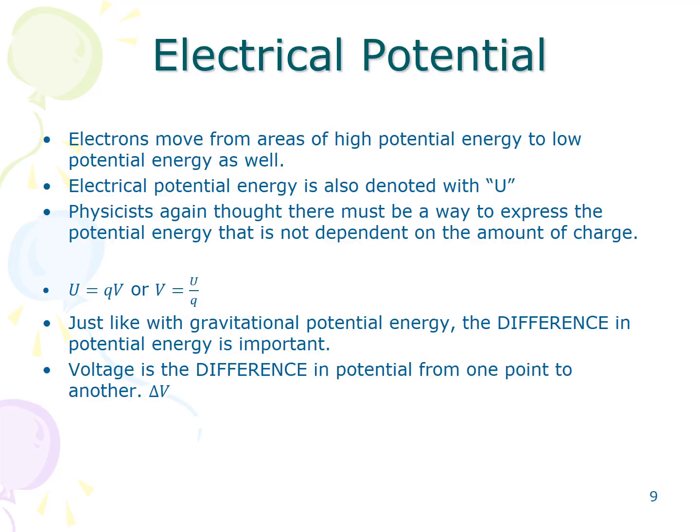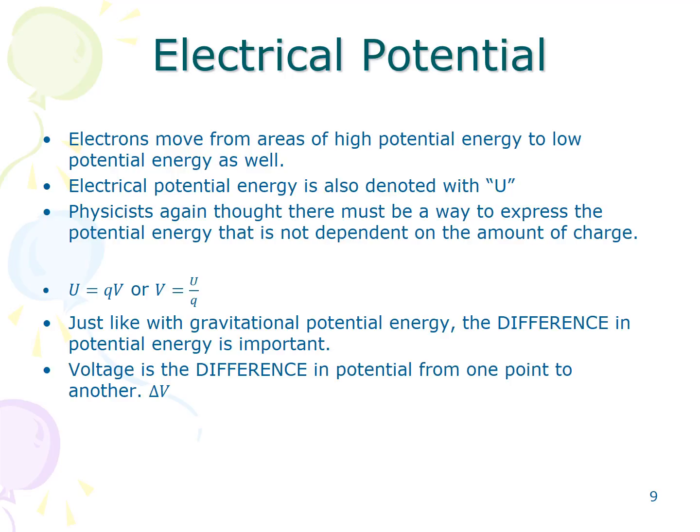So let's compare what we just talked about, gravitational potential energy and potential, to electrical potential. It's very much the same idea, where electrons move from areas of high potential energy to low potential energy.